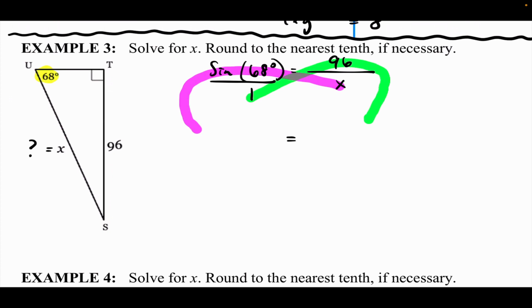So on one side, I have sine of 68 degrees times x. And on the other side, I have 1 times 96, which is 96, right?